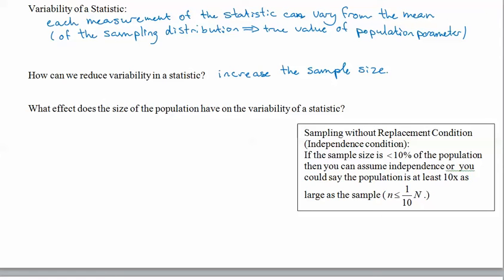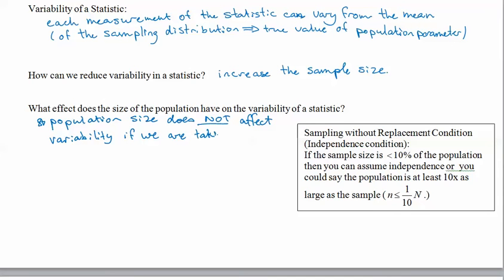So what effect does the size of the population have on the variability of a statistic? Okay, so this is asking about the size of the population. Population size does not affect variability if we are taking an SRS only.